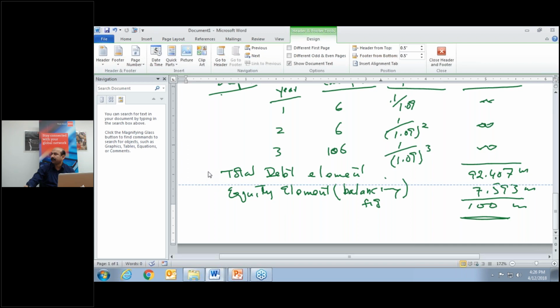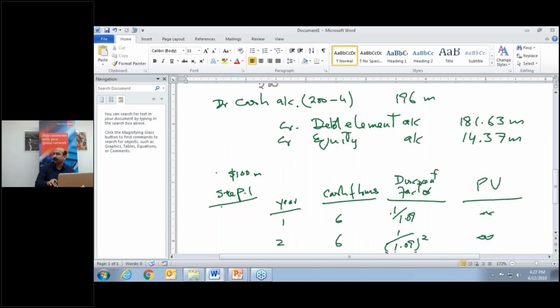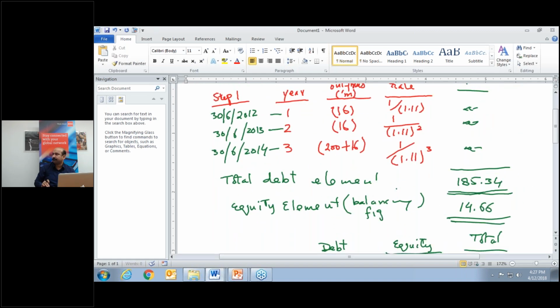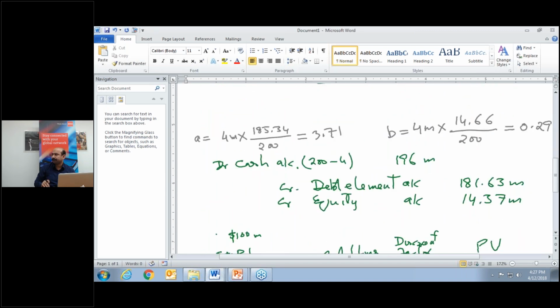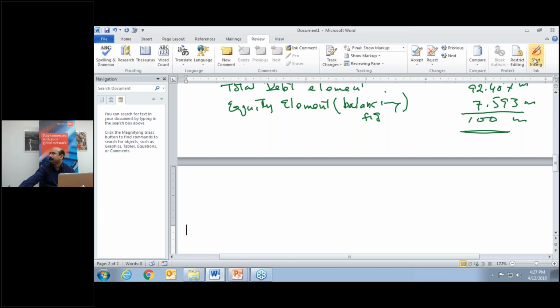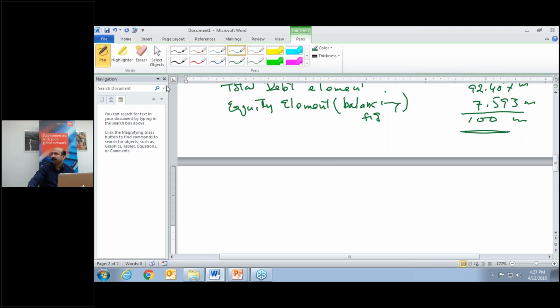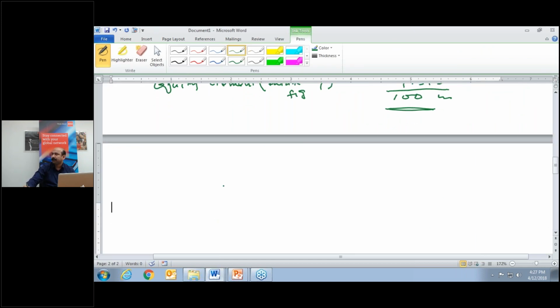Next, we shall be incorporating here the issue cost. Now again, we know we have here the debt element, equity element.